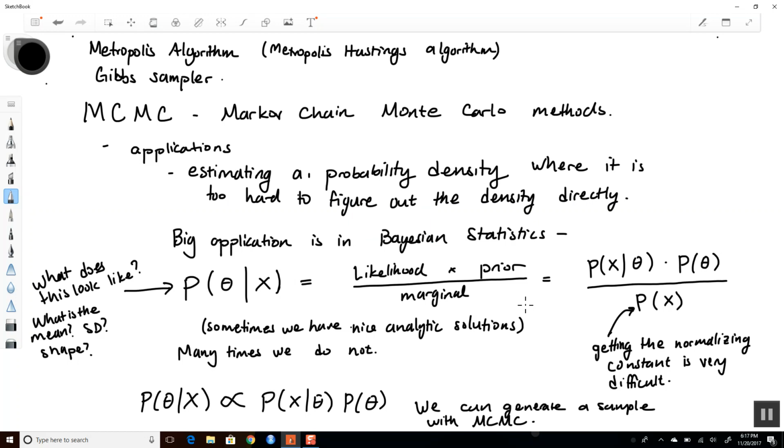Okay, so that's one application. We'll see if we have time for another application, but this is probably one of the most important applications of these MCMC methods. In Bayesian statistics, we'll often have a distribution that says we think our answers can be found in this distribution. The problem is I don't know what this distribution looks like, okay?